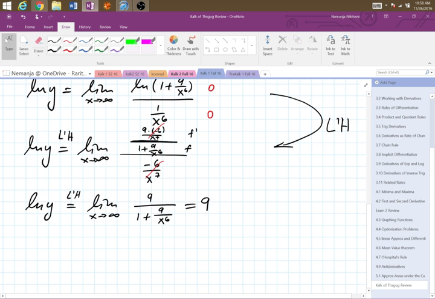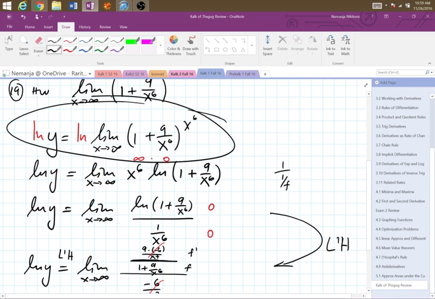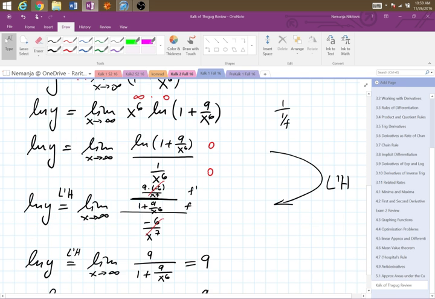We have that ln y is equal to 9. We e both sides. And then y is equal to e to the 9. Which is what we were looking for, because remember in this step I set y to be equal to the entire limit, and now we have down there that y is equal to e to the 9.